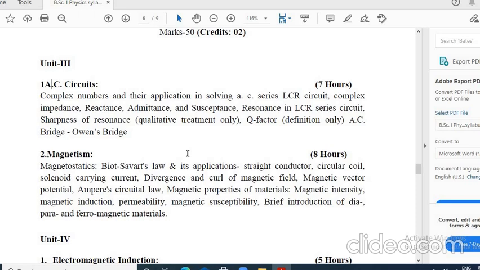Similarly, complex impedance, complex reactance, complex admittance, complex susceptance, and resonance in LCR circuit. Resonance means the flow of maximum current through the LCR circuit when the reactance of the total circuit, that is called the impedance of the circuit, is minimum.